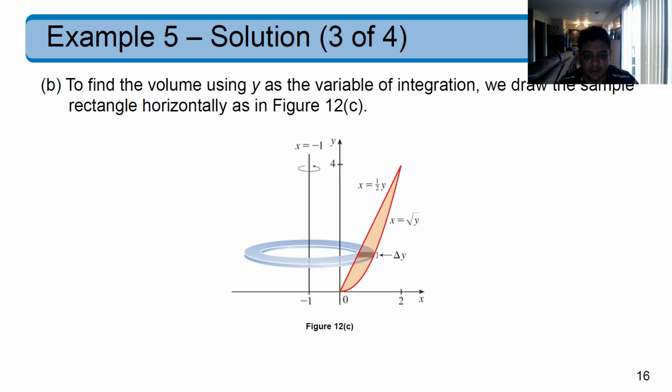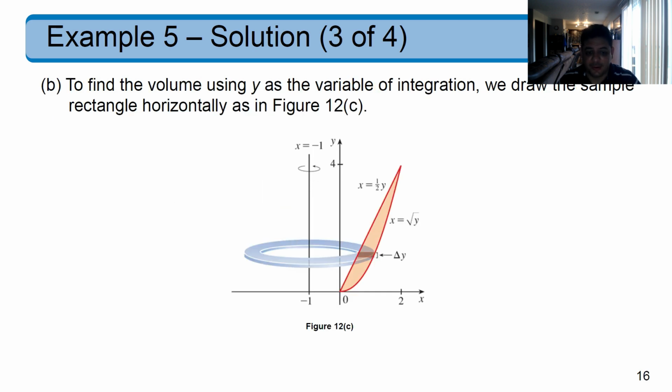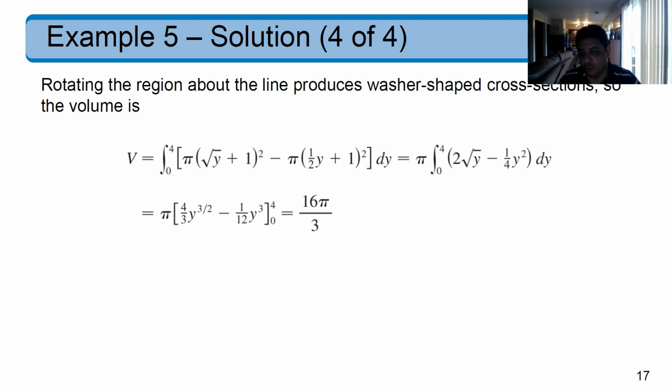The inner radius is the distance from this point, given by 1/2 of y, to -1. So the distance from here to here will be 1/2 of y minus -1, so the inner radius becomes 1/2 of y plus 1. The outer radius, on the other hand, will be the square root of y minus -1, so it becomes the square root of y plus 1.